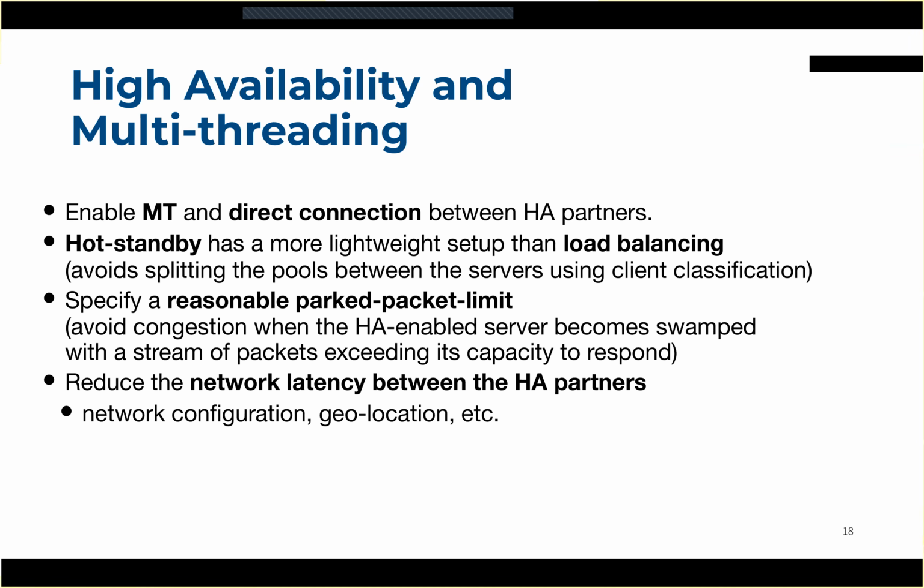Overall, if you can, you should reduce the network latency between the HA partners. I know that from the network resiliency perspective, it makes sense to have the HA servers in different geolocations. But from the performance perspective, you want to keep them as close to one another as possible.